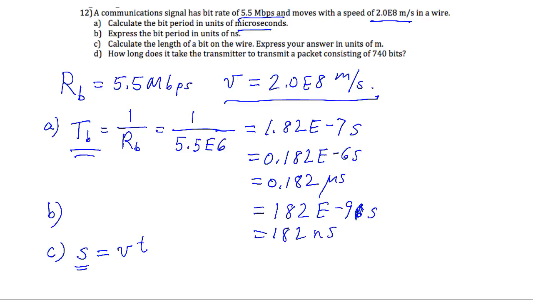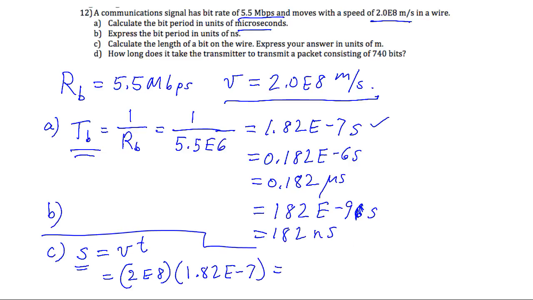And so what we're going to do is use the V given, 2 times 10 to the 8th meters per second, and multiply that by the time for 1 bit, which is 1.82 times 10 to the minus 7 seconds. And this is going to yield a distance S in meters.